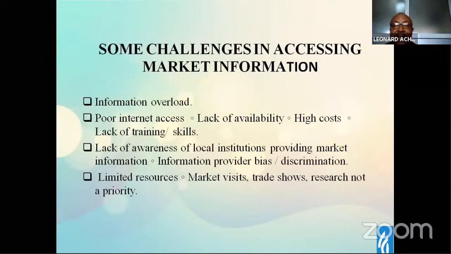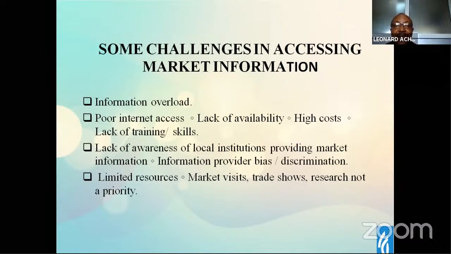Just like any other discipline that is not without a challenge, accessing market information can be a curious task. And so we'll say this so that you can have it at the back of your mind if you want to embark on market research or information gathering. There are challenges that you will face.